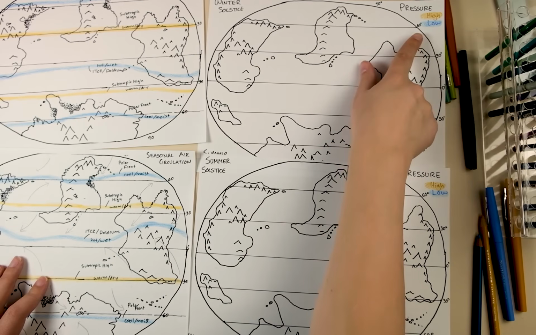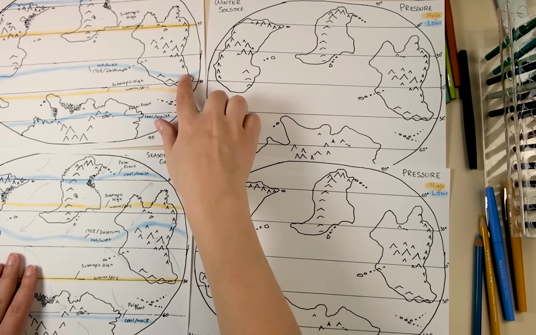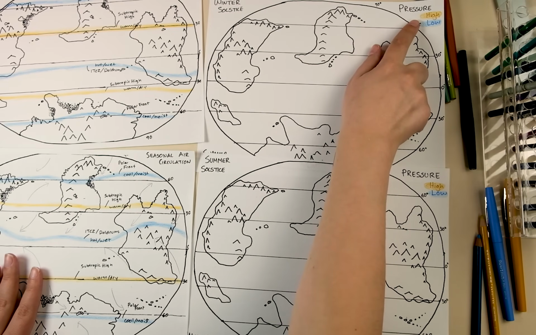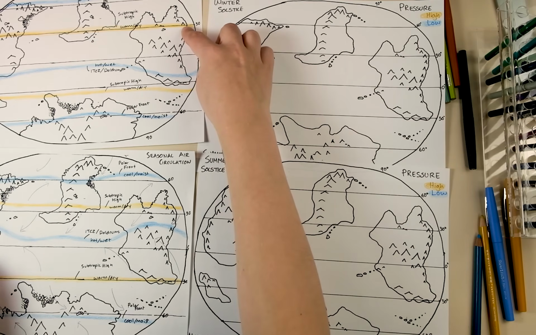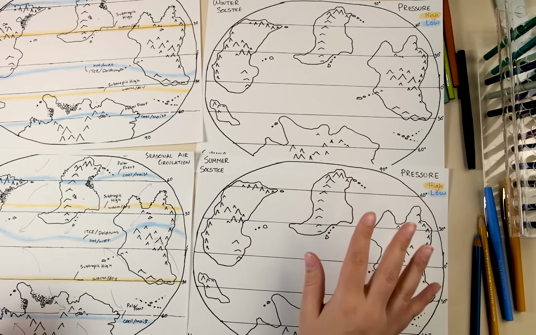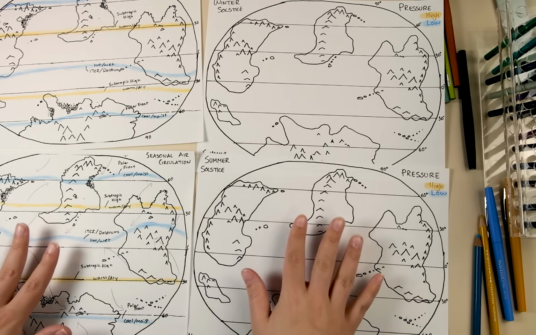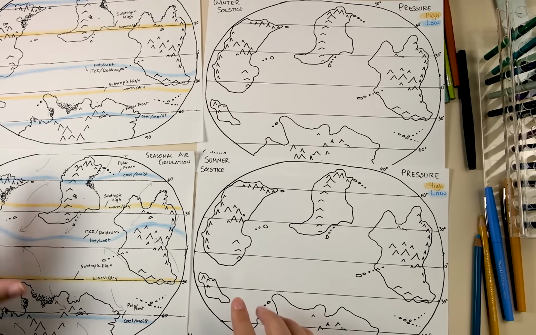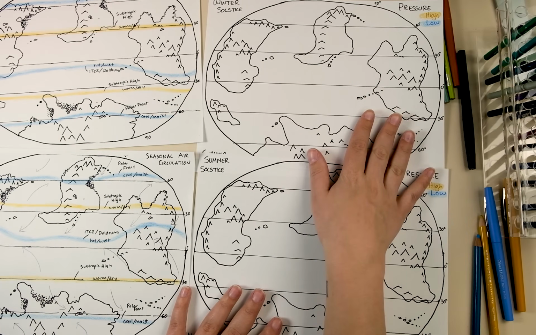Alright, so this blue color is going to be our low pressure color like it is over here with the ITCZ and the polar low belt. This yellowy orange brown color is going to be our high pressure color, just like the subtropic highs here and here. And we're going to use these to mark in the different pressure zones. I have all the maps laid out, so we have winter, summer, summer, winter lined up over here, so we can reference this to actually draw in our pressure zones here.